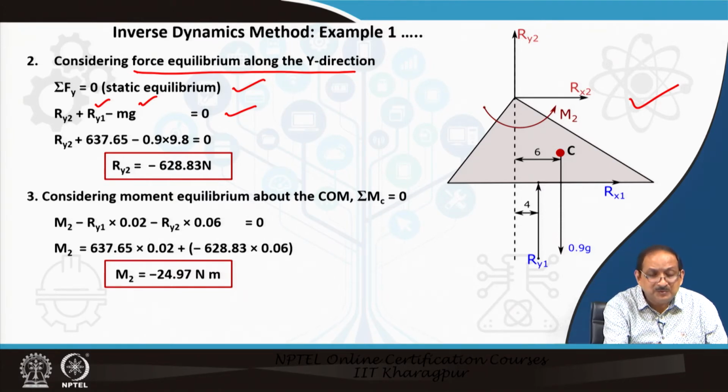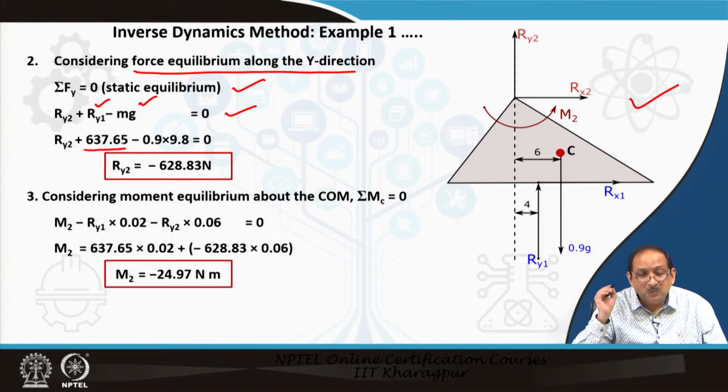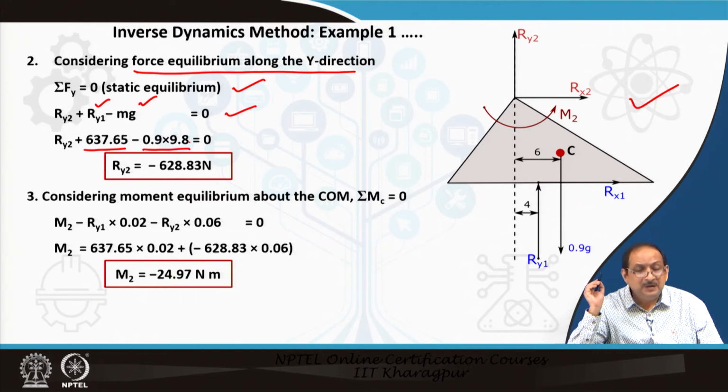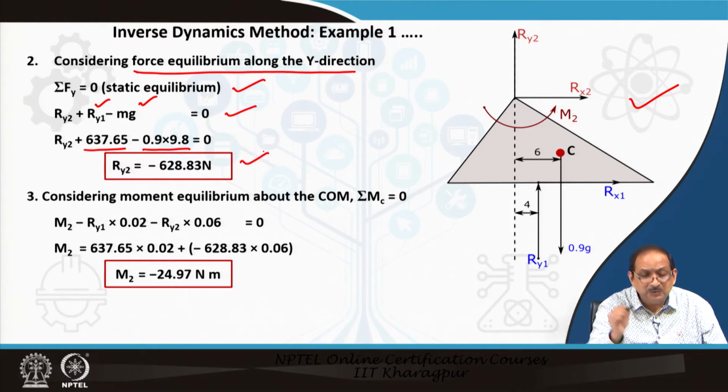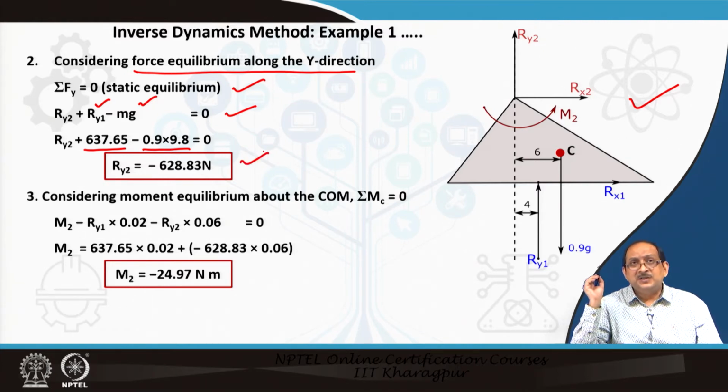So, when we substitute the value of Ry1 and Mg, we can calculate Ry2 as minus 628.83 Newton.